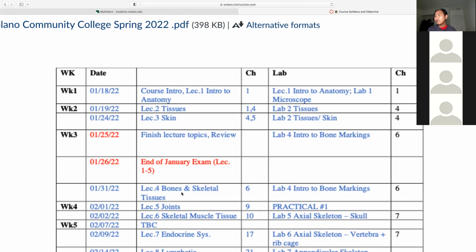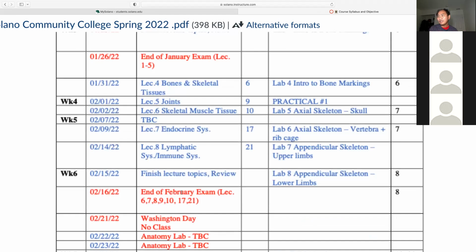Here again, end of February, exam, finish lecture topics review. After a few lectures like bone, joint, skeletal muscle, endocrine, lymphatics, we stop again and go back and study what we have learned so that we can consolidate our knowledge. That's the only way it stays in our mind.